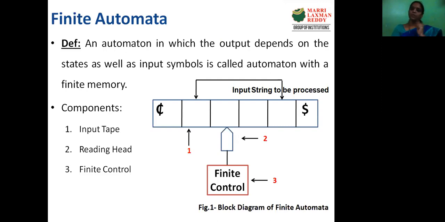One is the input tape, another is the reading head, and the other is the finite control, where the input tape is used to process the input data, that is the input string, and the reading head is only able to read the input. It is not allowed to modify the data. And the finite control is a component with a little amount of memory.